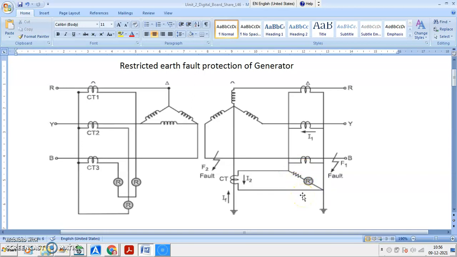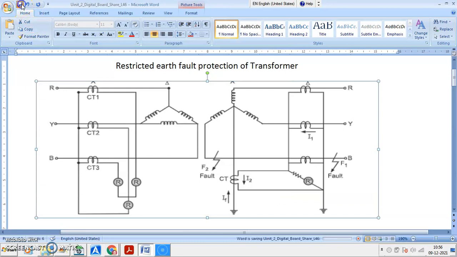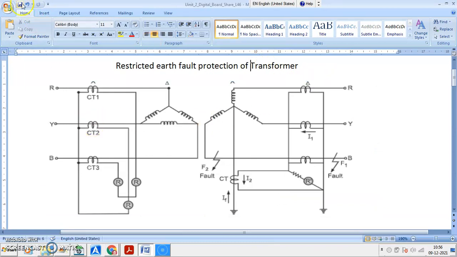Okay, but what happens here is that whenever there is a fault outside the transformer, not generator, we are discussing transformer. Okay, so make this correction. You should know this, you should be able to notice it.